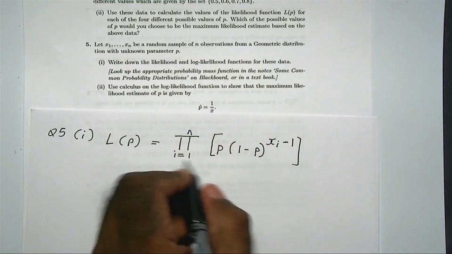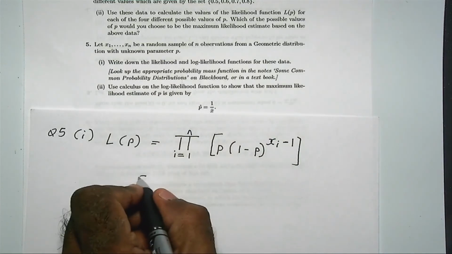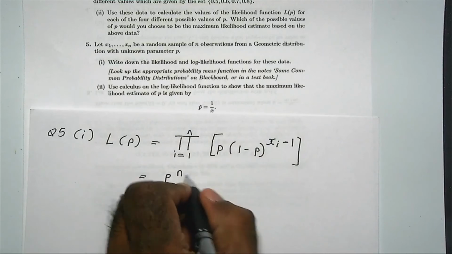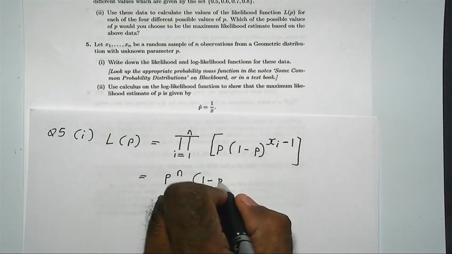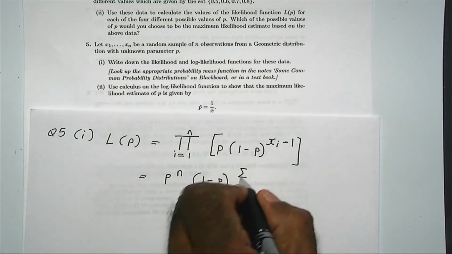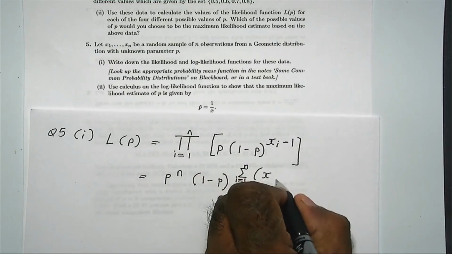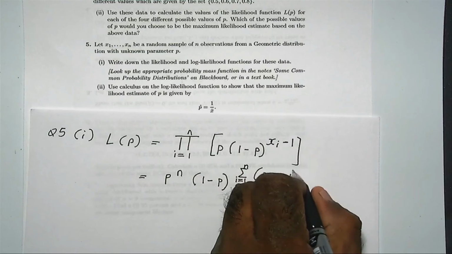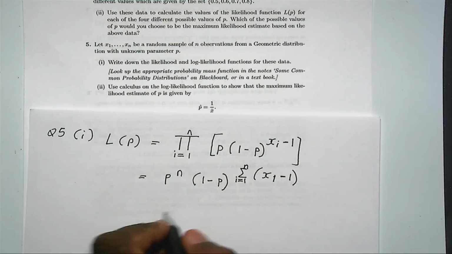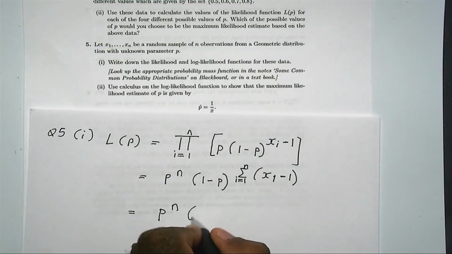So taking the product of this, you get this, and this is p to the power n.